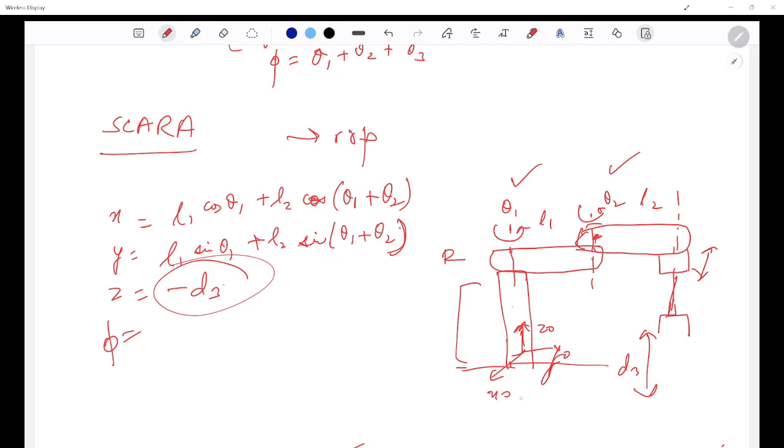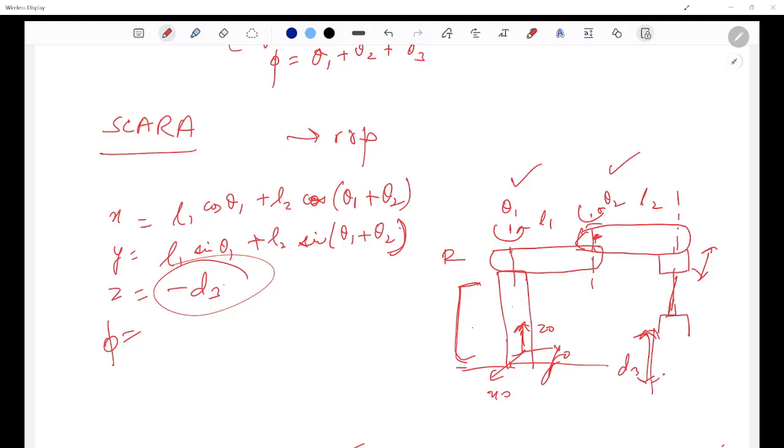So you're talking about this frame, right? From here to here. No, I'm not talking about that frame. So below R, on your picture, you drew this square bracket. Did you not? That's correct. So in a way, you are actually going up from frame 0 to frame 1 by a certain distance. Let's call it L1, or L0, whichever way. And then from L2, you're coming down by D3 because that's your prismatic motion now. So because your base is at origin x0, y0, z0, if we consider this, then we'll have an offset for this as well.